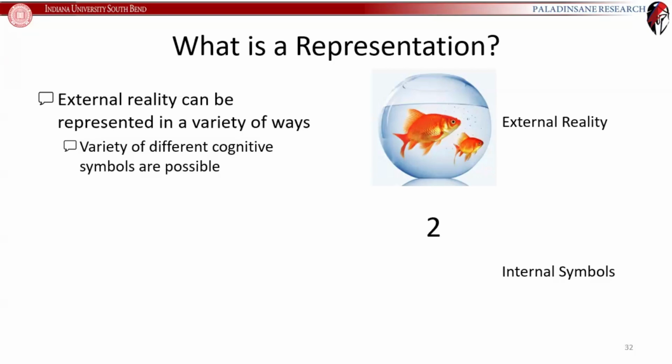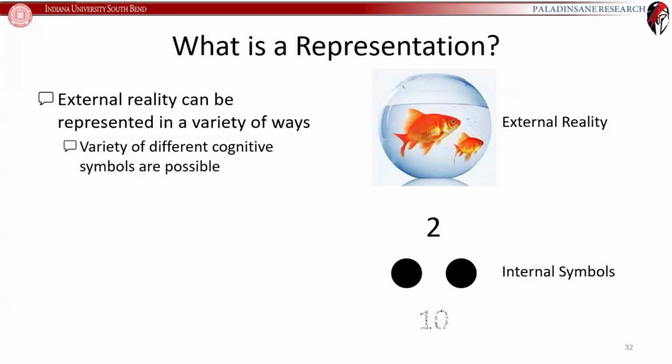Well, one internal symbol that we might use is the numerical symbol for two that we all learned in our society. So we might say, hey, that's how we represent the number two, or the idea of two, in our internal cognitive representations. Alternatively, maybe we represent two-ness in the external world as two circles in our internal world.